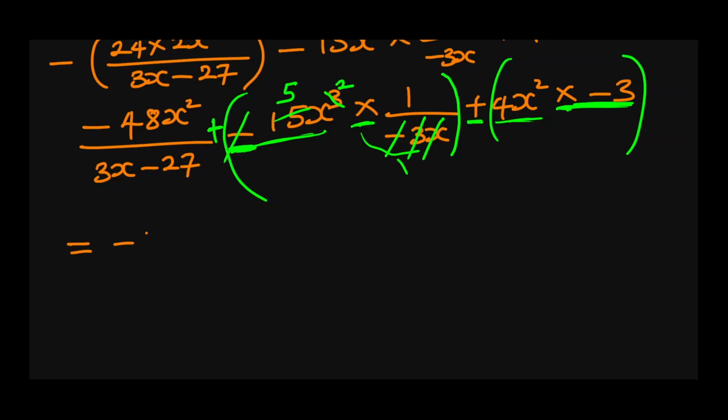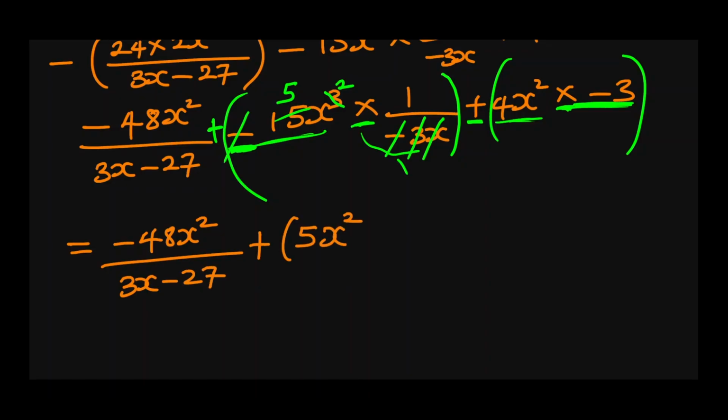So this now gives us minus 48x squared over 3x minus 27 plus 5x raised to power 2, because that's what is left here, plus 4x squared times minus 3 gives us minus 12x squared.